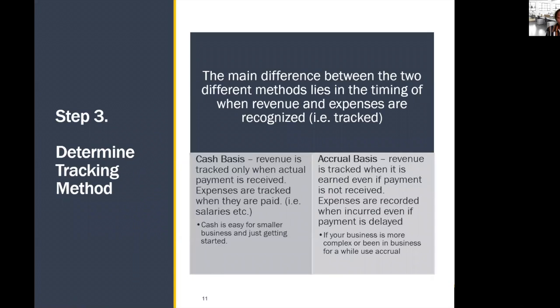And the same thing with expenses. So expenses are recorded when they are incurred, even if payment is delayed. So basically, if any kind of a prepay, or you have an expense that is coming up, certain credit card type things, you would record them even before you actually make that payment.